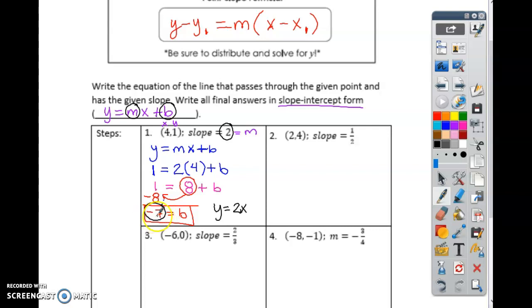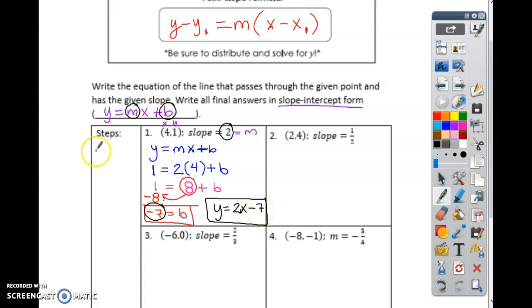Done. Okay? So I used the x and the y to find my b, and once I had the b, you just put it in the equation.